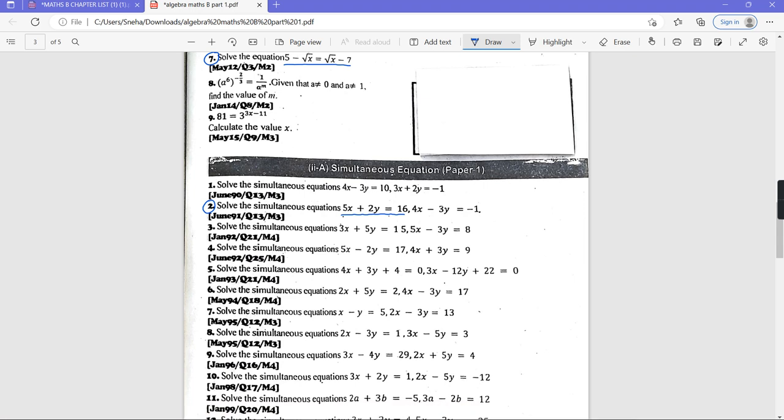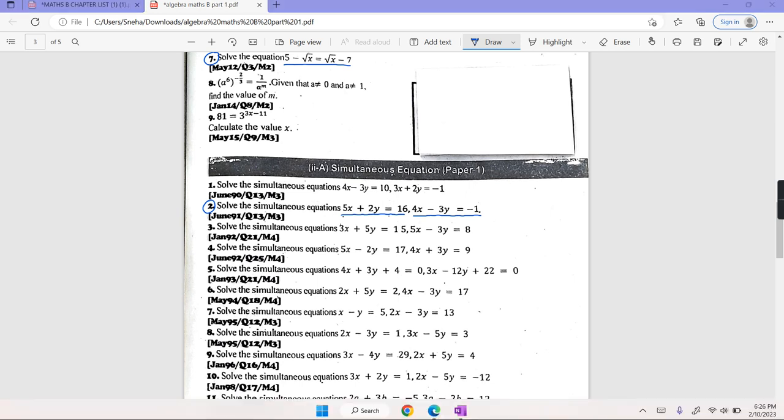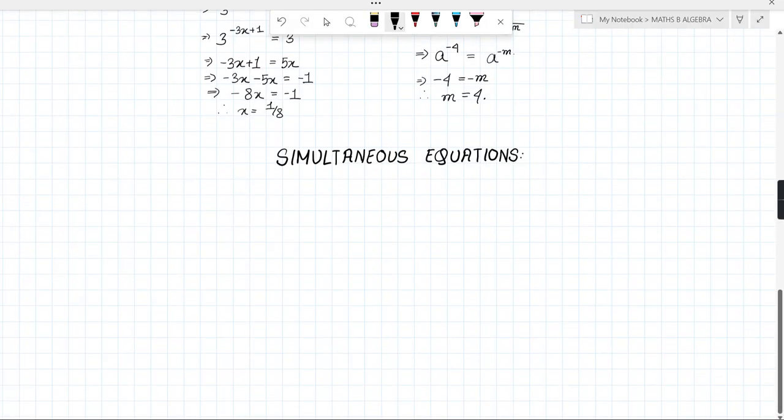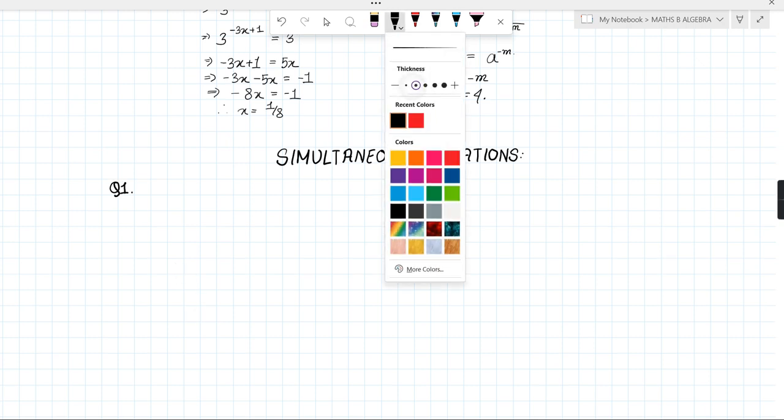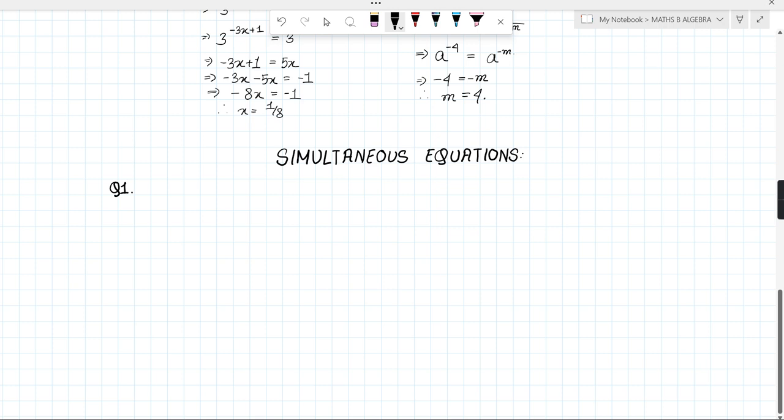First one, 5x plus 2y equals 16, and the second one is 4x minus 3y equals minus 1, right? So if we solve our question number 1, that was 5x plus 2y equals 16, and again the second equation was 4x minus 3y equals minus 1.